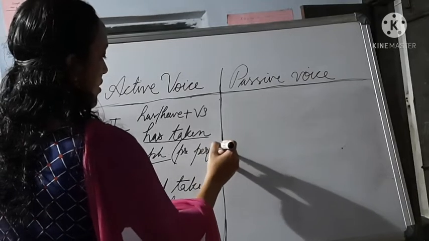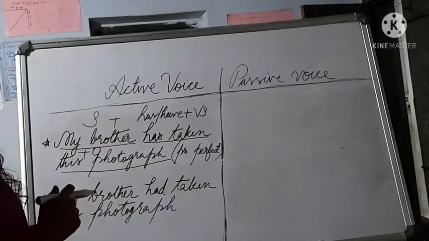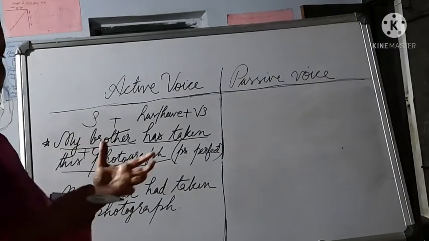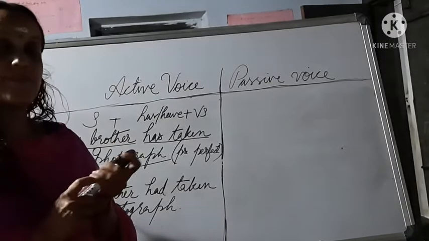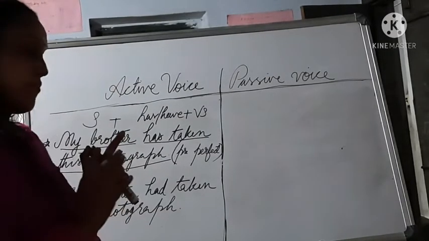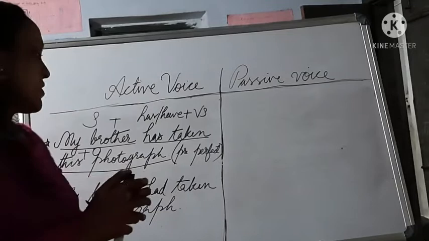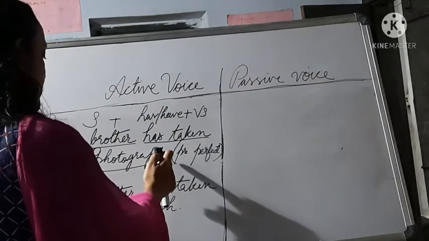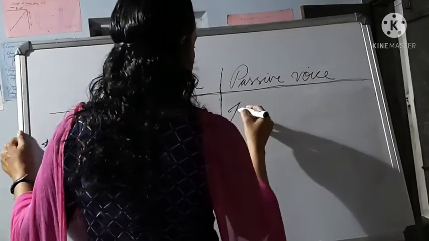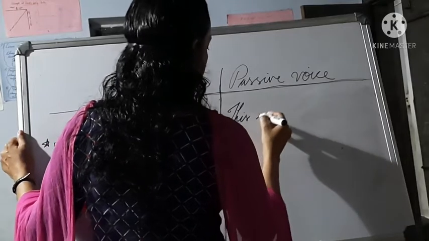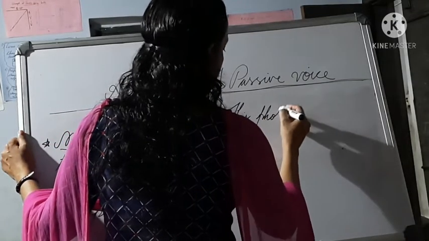Okay. Now let's see how to convert that into passive voice. Just follow the same rule we already studied. First, which one do we have to take first? The object. What is the object? This photograph. So you have to write this photograph.